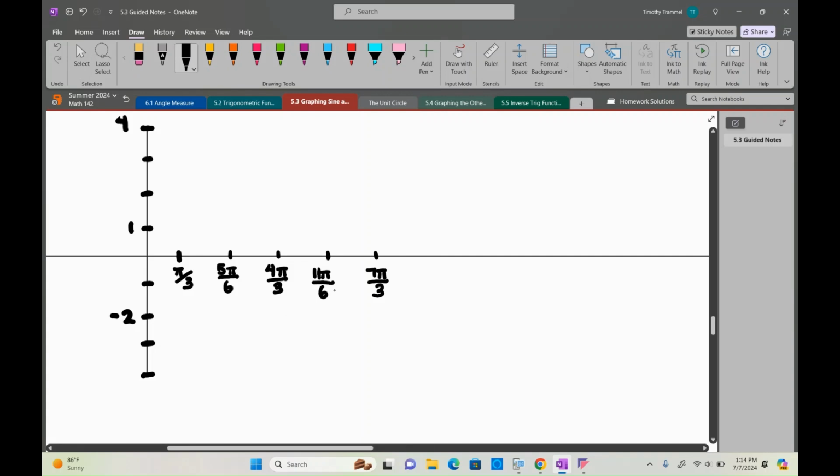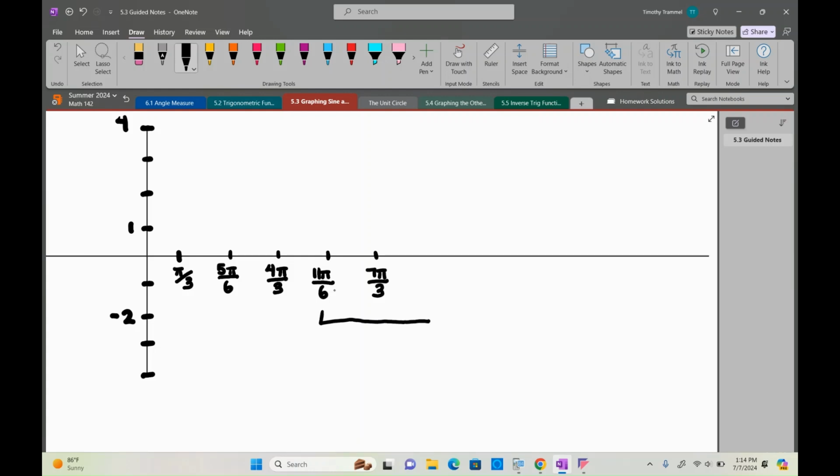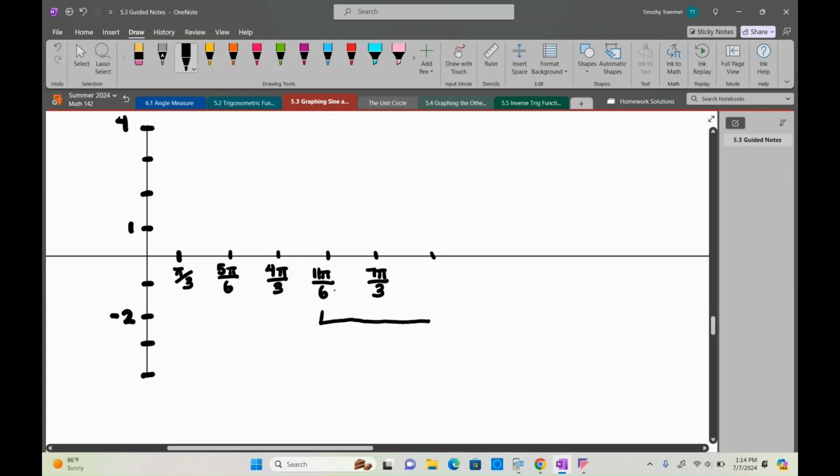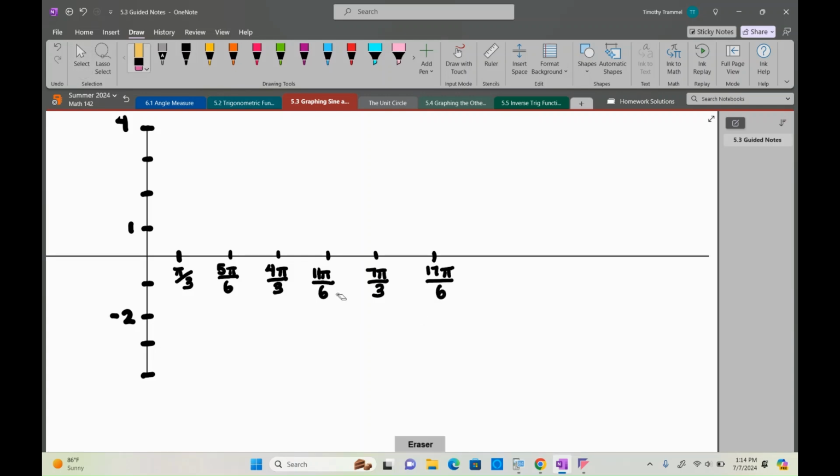So in other words, I know that the next one here, I'm going to add 6 pi over 6 to that. So it's going to be 17 pi over 6. Right?